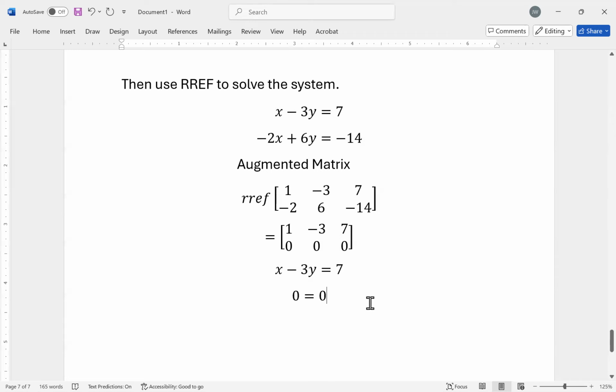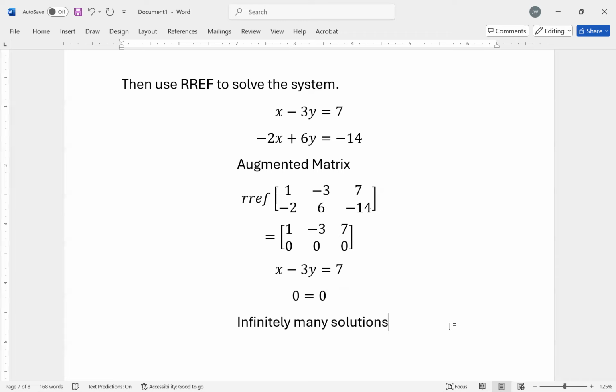So there are infinitely many ordered pairs that work on this system, and the ordered pairs are all going to be the ones that are on this line. So that's what it tells me in this case.